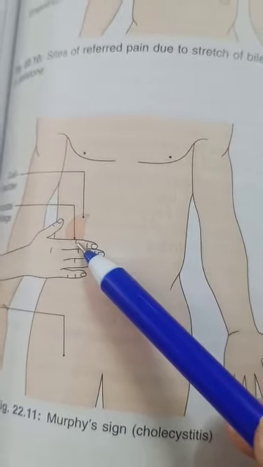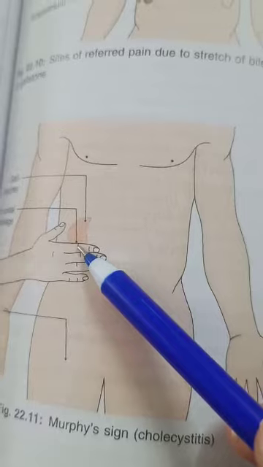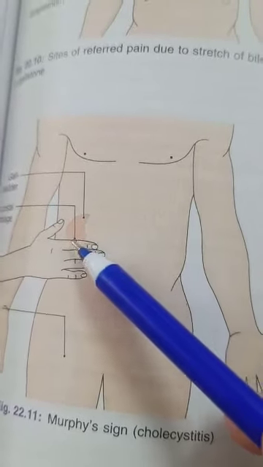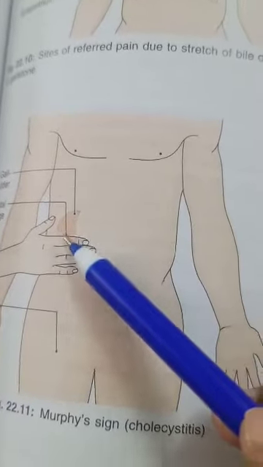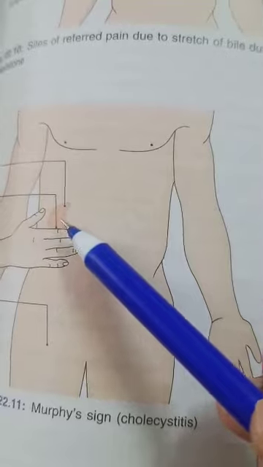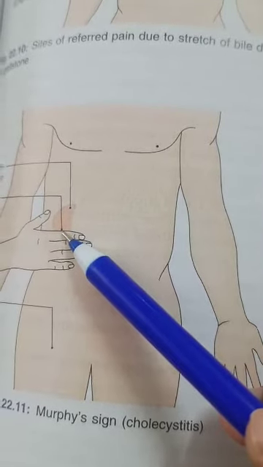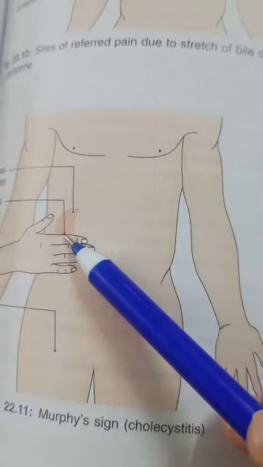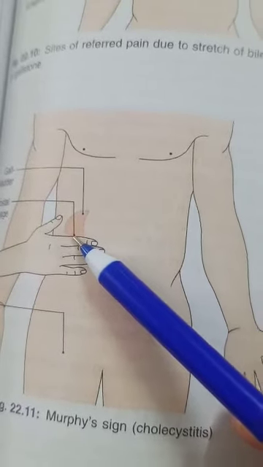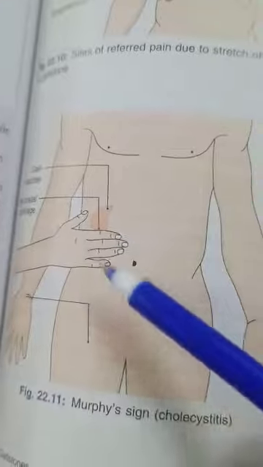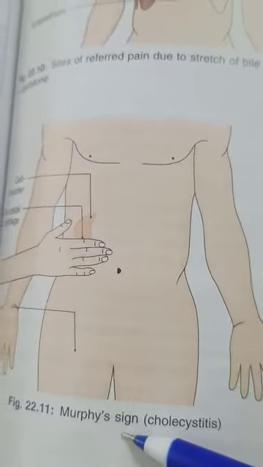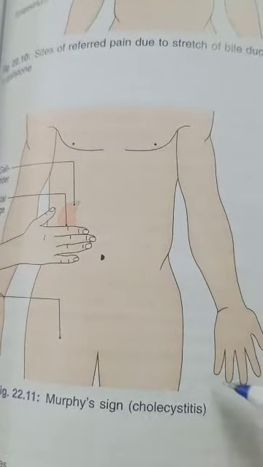That is known as Murphy's sign. At the tip of the ninth costal cartilage on the right side, if we place a finger and the patient takes a deep inspiration, we can feel a sharp pain. That sign usually occurs during cholecystitis.